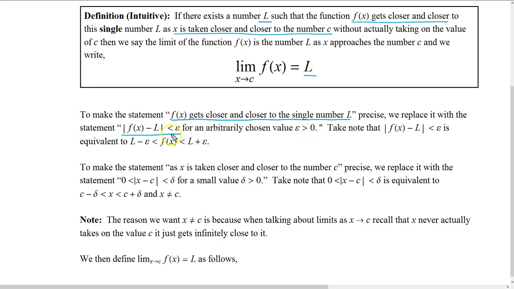Now, take note that this is equivalent to saying that f of x is between L minus epsilon and L plus epsilon.